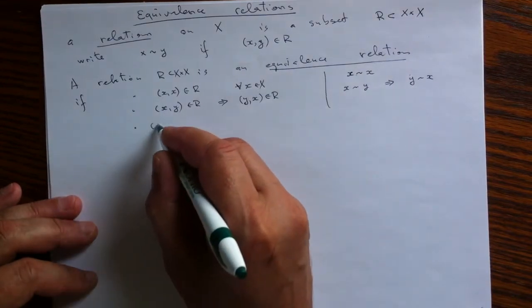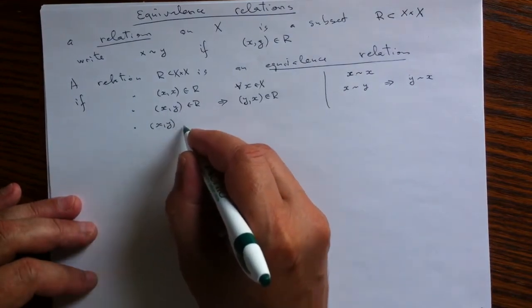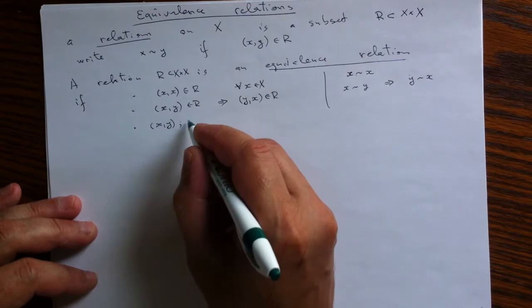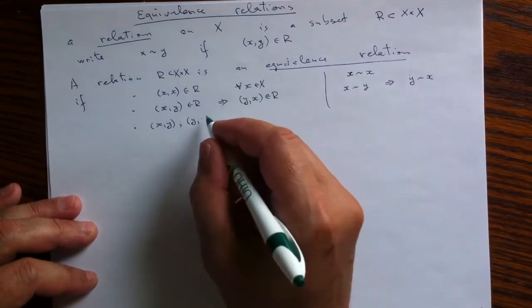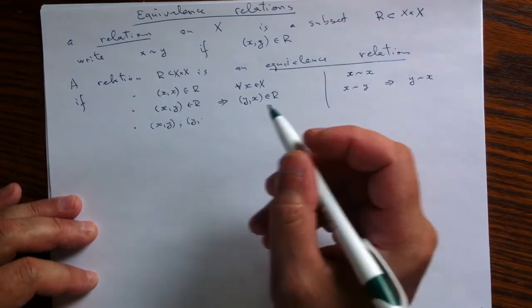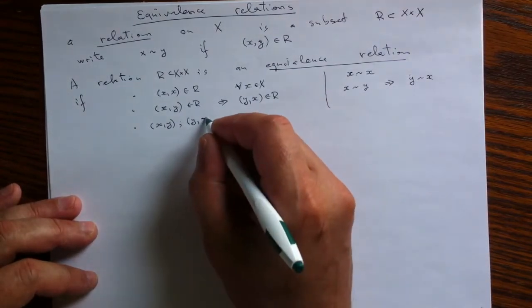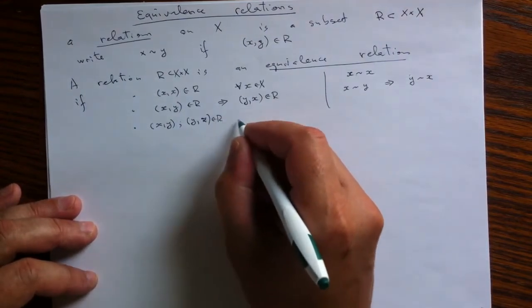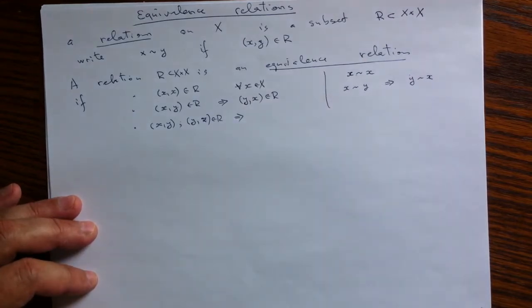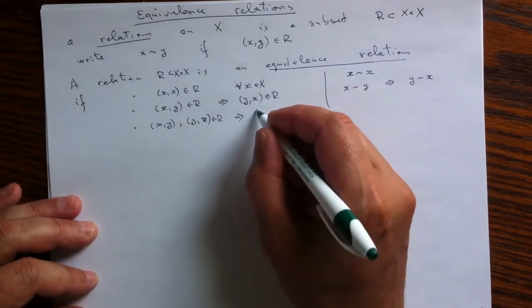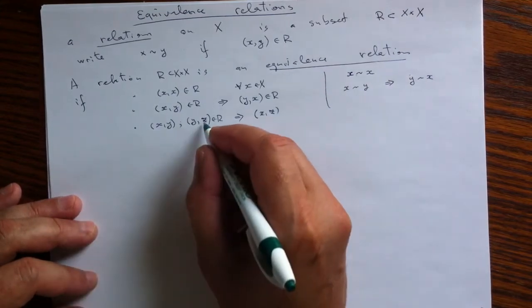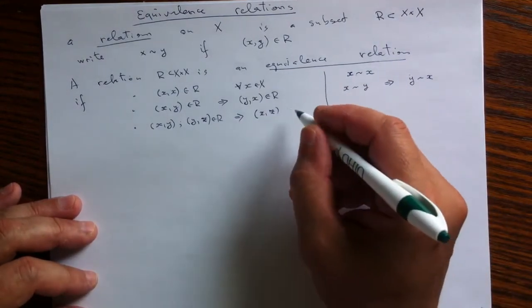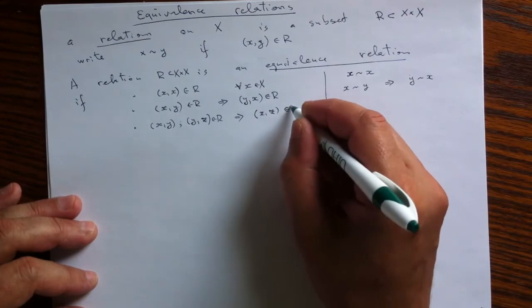And the last is assuming that we have two pairs with one thing in common. The last component of the first pair is the same as the first component of the second. Then we have a conclusion that (x, z), the first component and the last component from the pairs put together, is in the relation.